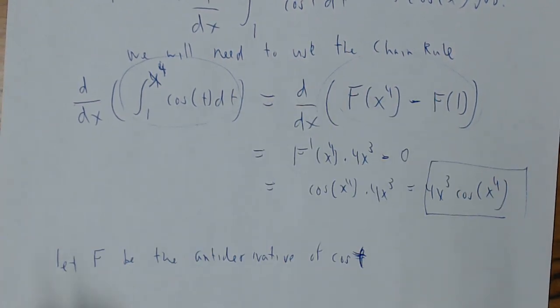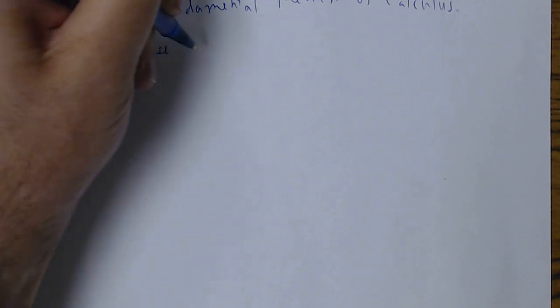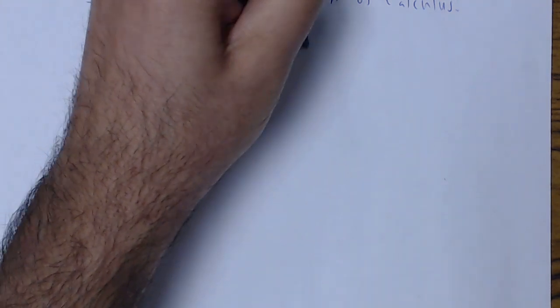Okay, so before we finish off this section, let me formally give you the fundamental theorem of calculus, and then that'll basically do it. This says, suppose f is continuous on the closed interval from a to b.